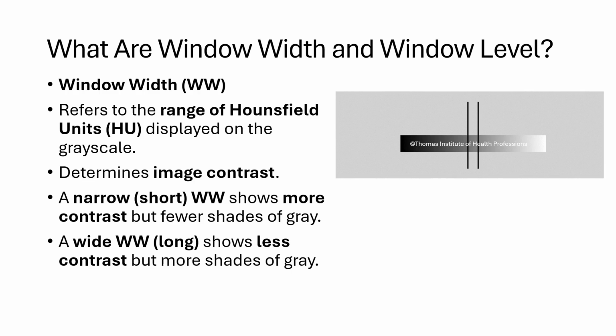A narrow or short window width means you're squeezing that range down, so you get fewer shades of gray, higher contrast. A wide or long window width spreads it out. More shades of gray, less contrast. Simple, right?